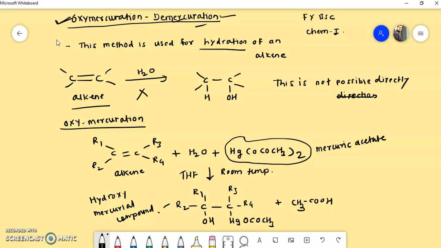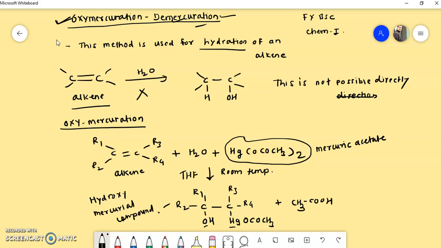When we add this reagent, we get this intermediate, the hydroxymercurial compound. You will find here that on one of the carbons there is an OH group and on the other carbon there is this HgOCOCH3 group. This is known as the oxymercuration process.